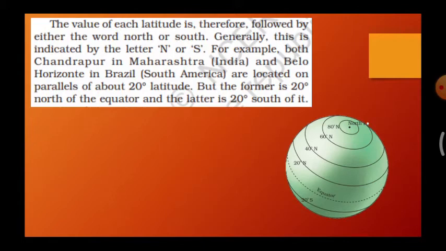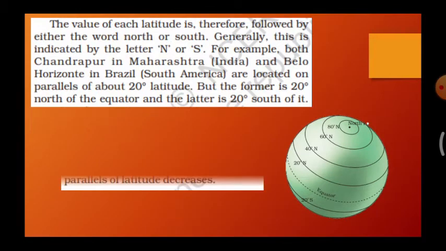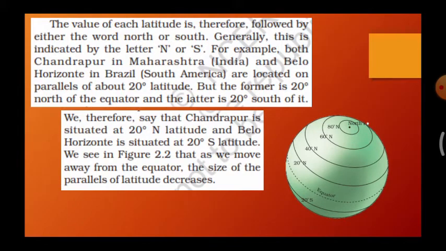But the former is 20 degrees north of the equator and the latter is 20 degrees south of it. We therefore say that Chandrapur is situated at 20 degree north latitude and Belo Horizonte is situated at 20 degree S latitude.